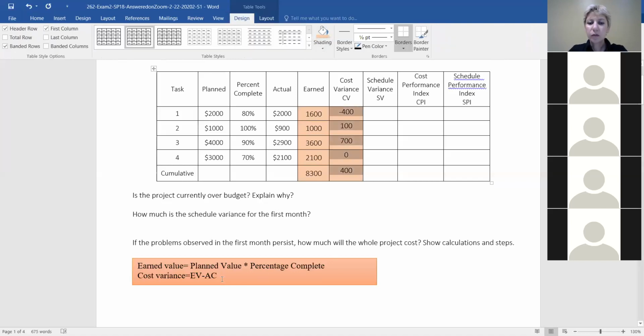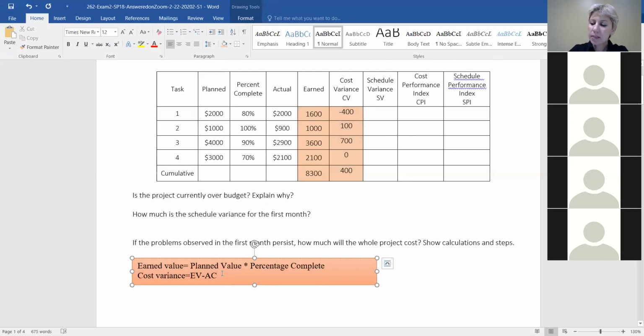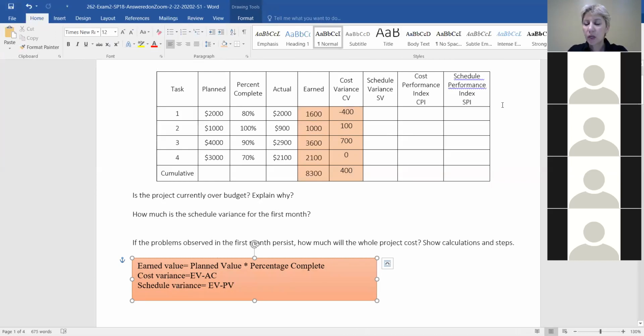So schedule variance, if you don't remember, is the difference between what you had planned to accomplish and what you actually accomplished. Earned is what you have accomplished, planned was what you wanted to accomplish. So it tells you you're behind the schedule, but it doesn't tell you in terms of time.